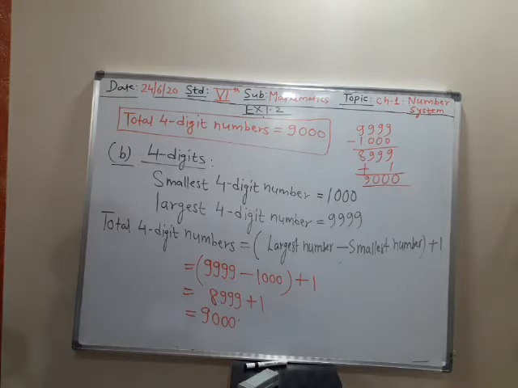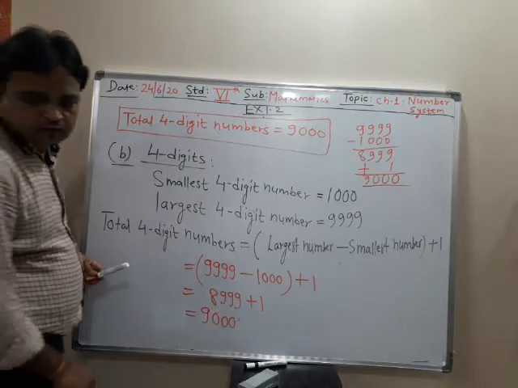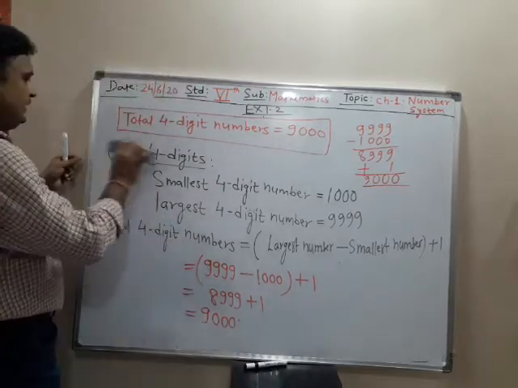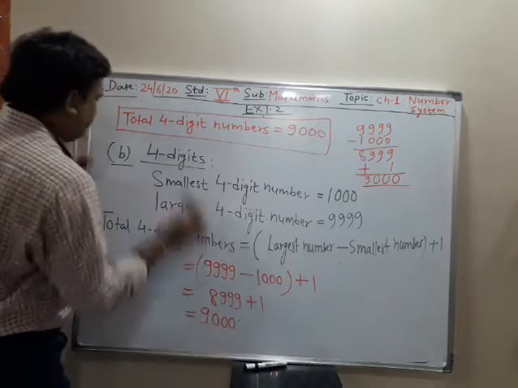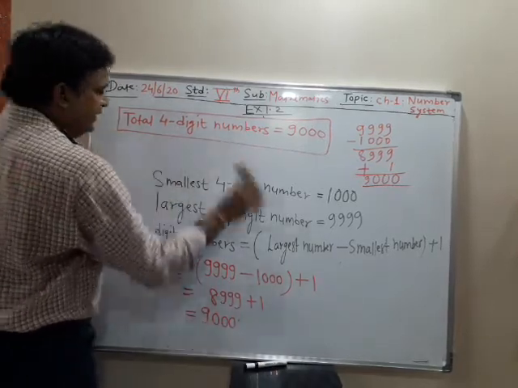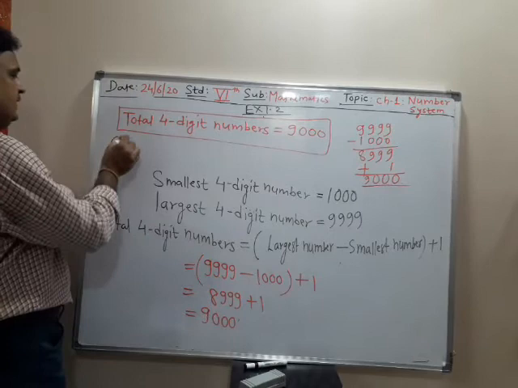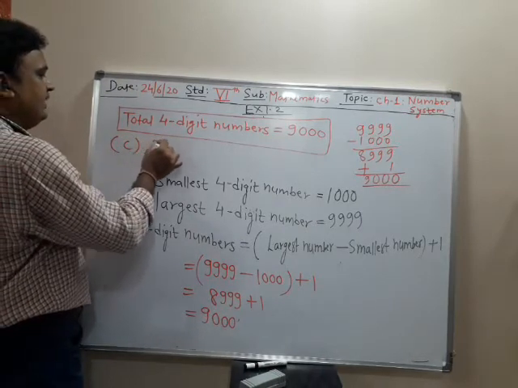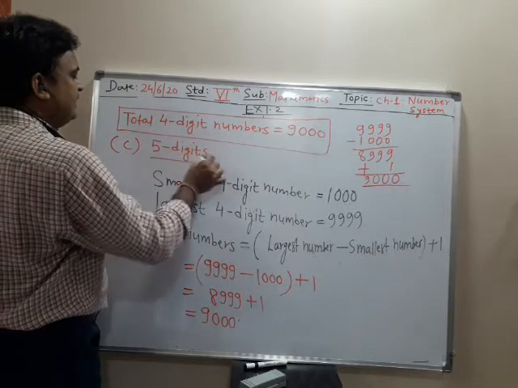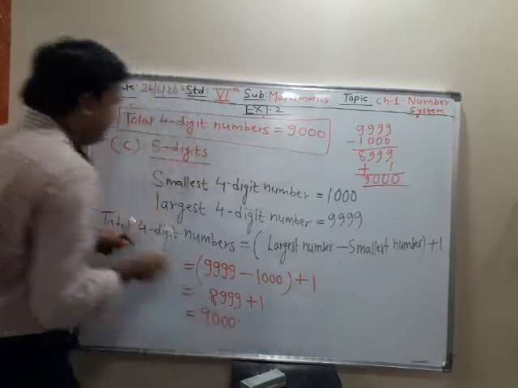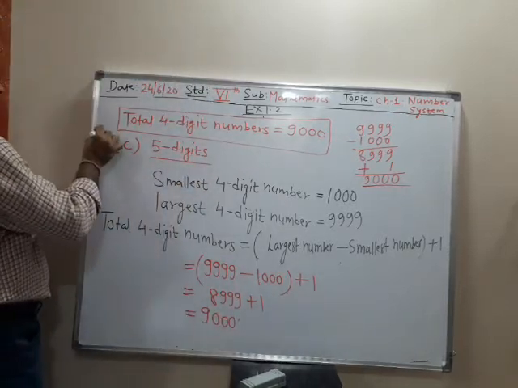Then we have question C. C part is 5-digit, and this I will give as homework.